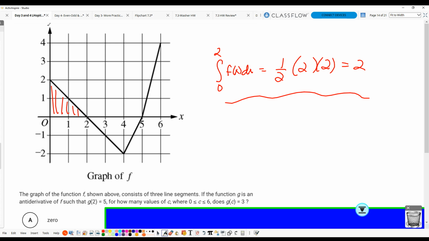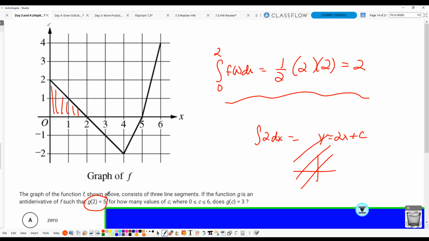So, when we integrated 2, that's 2x plus c. It's any straight line that had a slope of 2, and the only difference between them was a vertical shift. I don't know this one's vertical shift until I read the words that we uncovered.